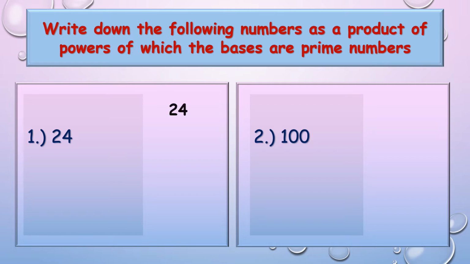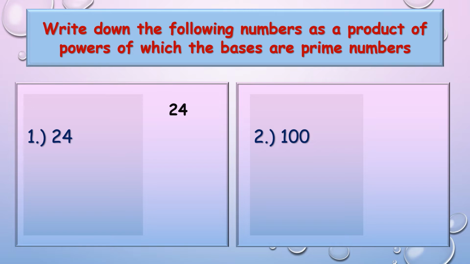How can we do it? Yes, you have to write these numbers as a product of powers, and also the bases must be prime numbers. First of all, you have to divide 24 by a prime number. First, you have to take the smallest prime number.